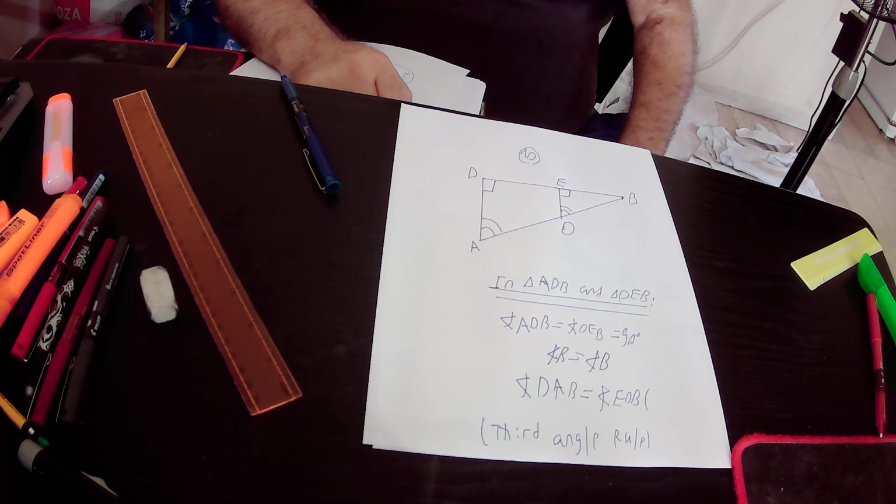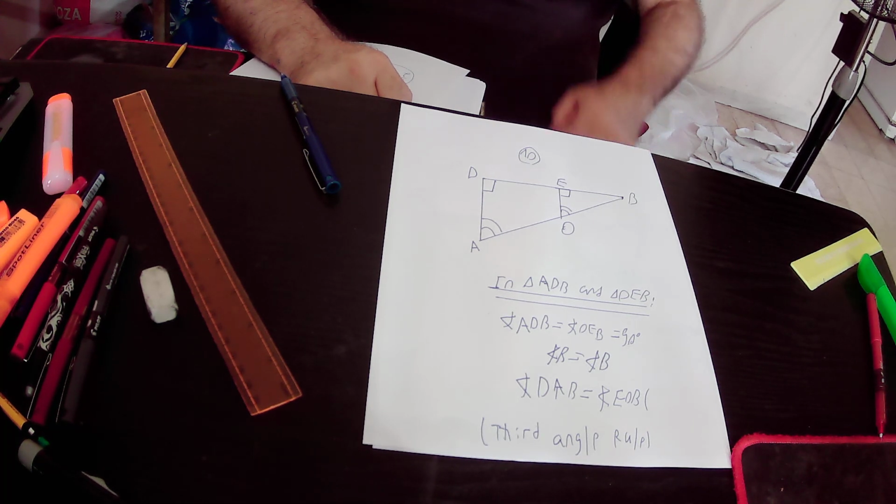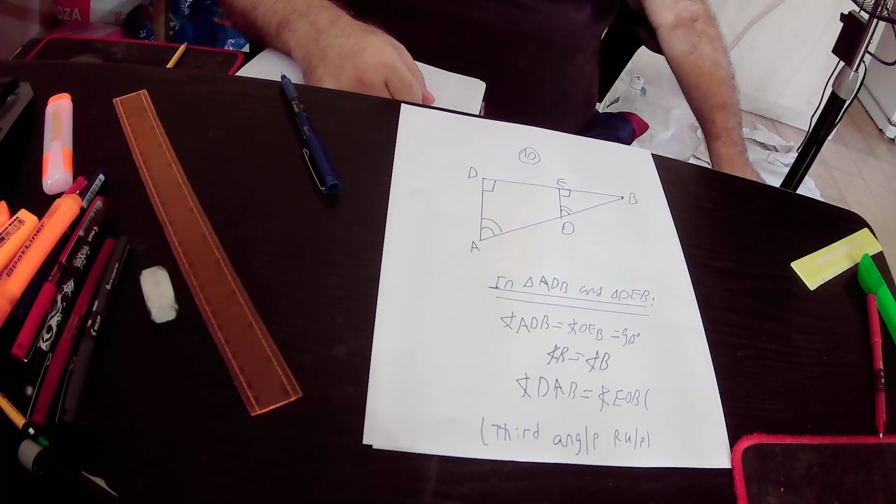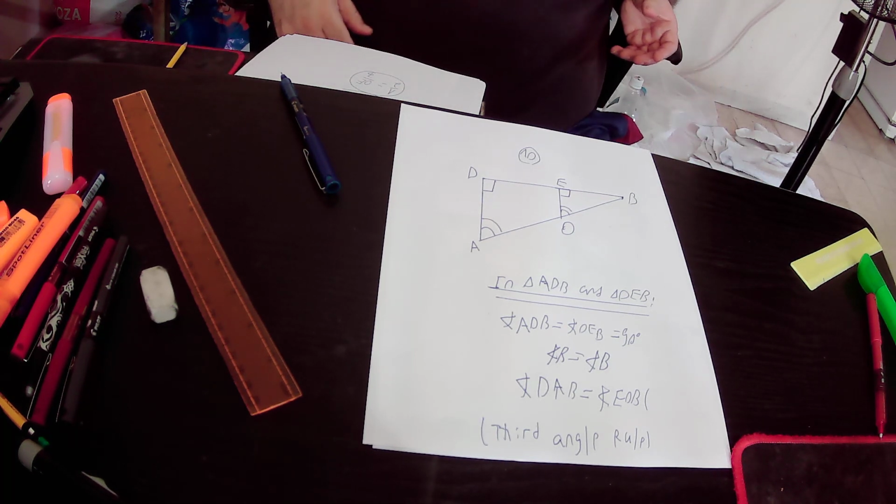The third angle rule states that if two angles in triangle 1 are equal to two angles of triangle 2, then the third pair of angles must also be equal.